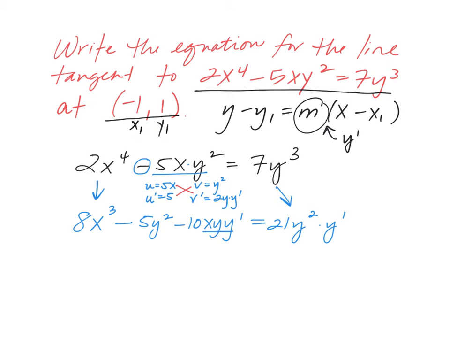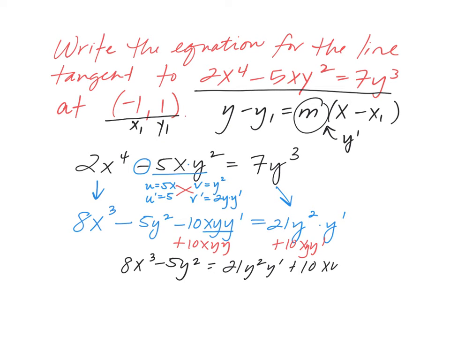Now I need to isolate y prime. So I'm going to add the 10xy y prime to both sides, so that I can isolate that, and I'll be left with 8x cubed minus 5y squared on the left is equal to 21y squared y prime plus 10xy y prime.